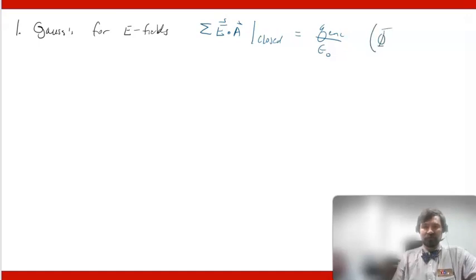So flux through a closed, therefore three-dimensional, surface.